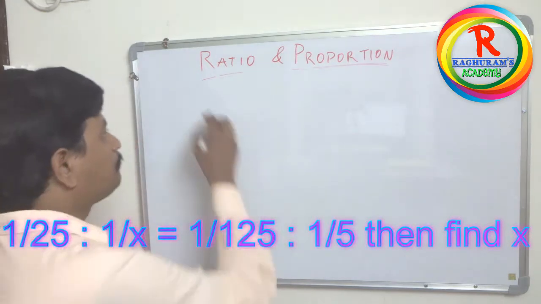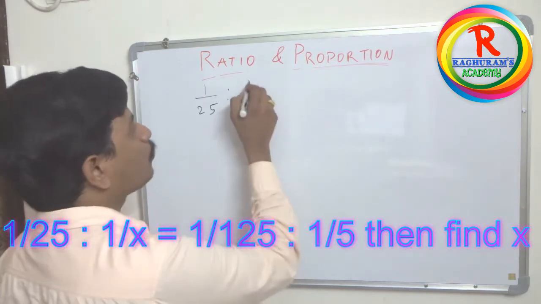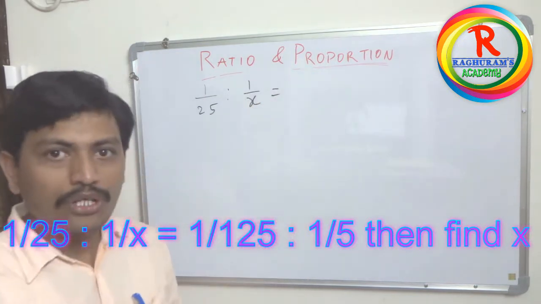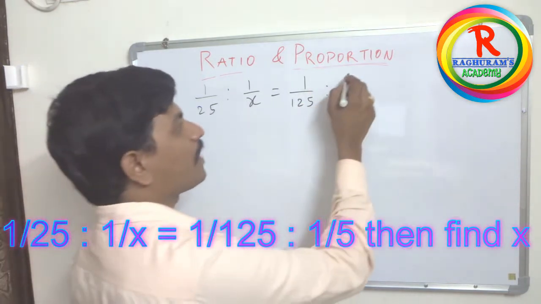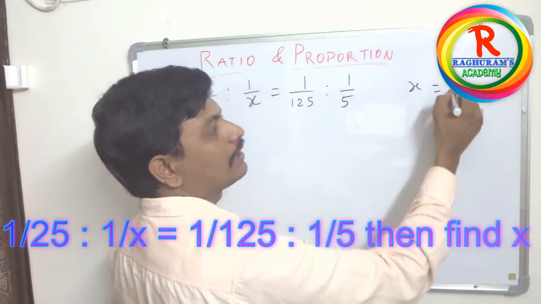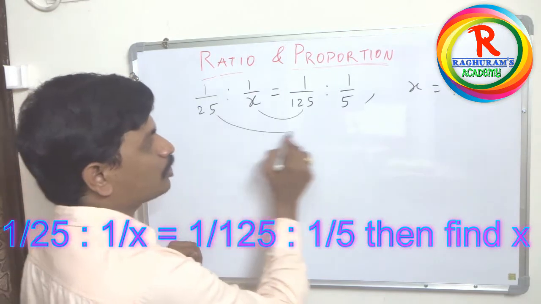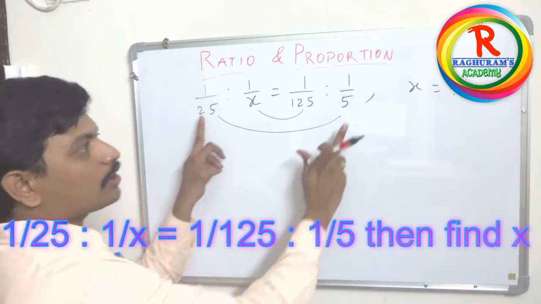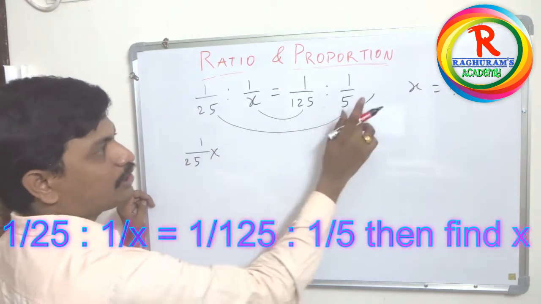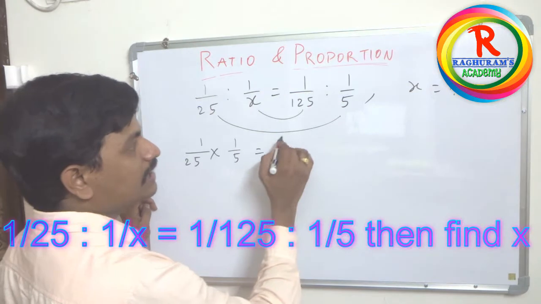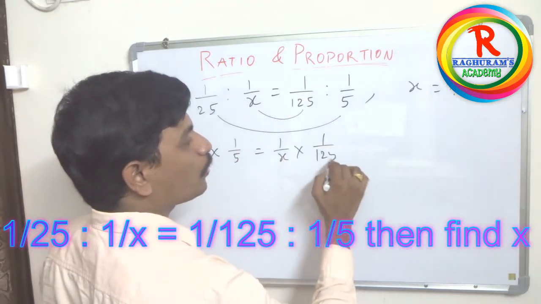Let us see a similar problem. 1 by 25 is to 1 by x is equal to 1 by 125 is to 1 by 5. Then find x. Here also the product of means is equal to the product of extremes. First I'll write the product of extremes, that is 1 by 25 into 1 by 5, is equal to the product of means, that is 1 by x into 1 by 125.